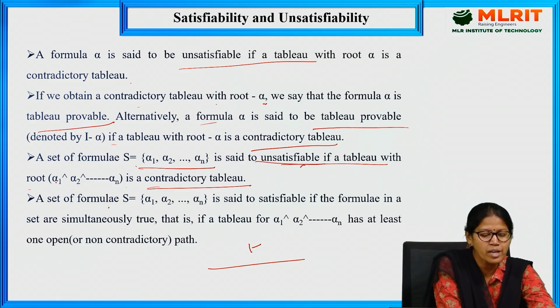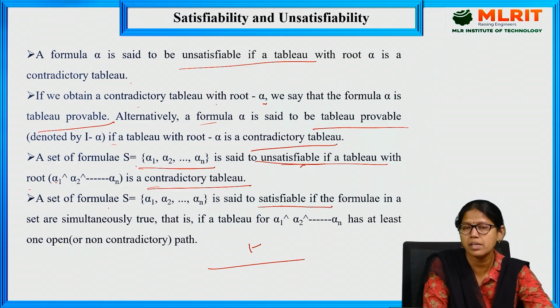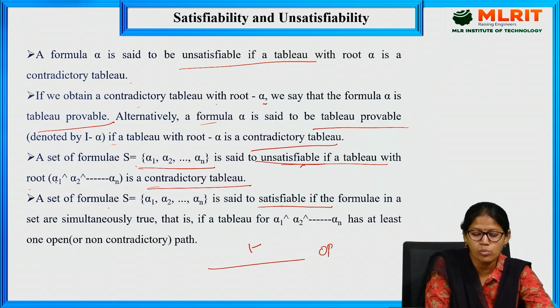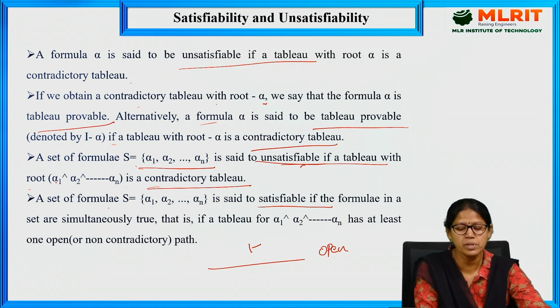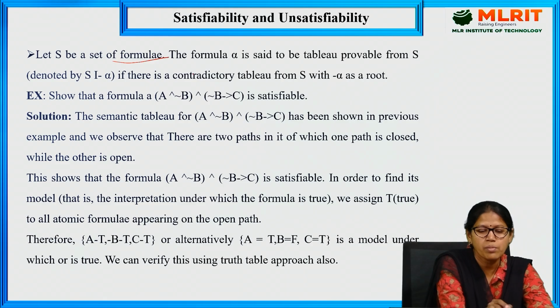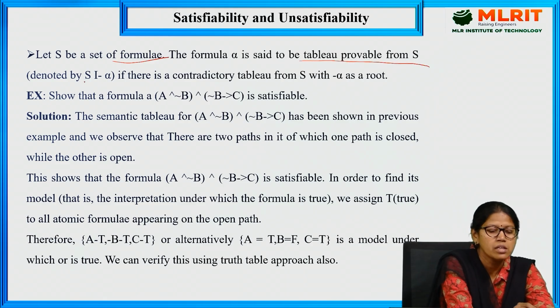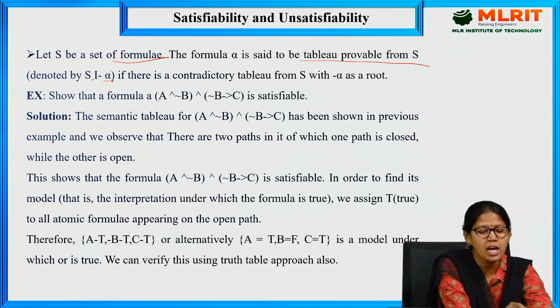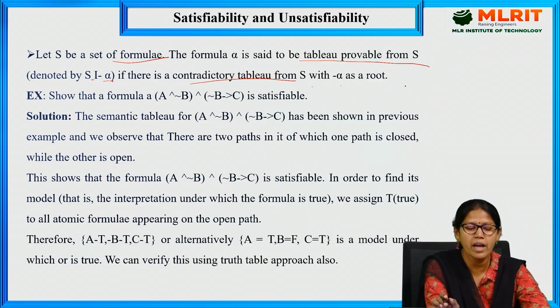A set of formulae S equal to alpha 1 to alpha n is said to be satisfiable if it has at least one open, non-contradictory path. Let S be a set of formulae. The formula alpha is said to be tableau provable from S if there is a contradictory tableau from S with alpha as a root.